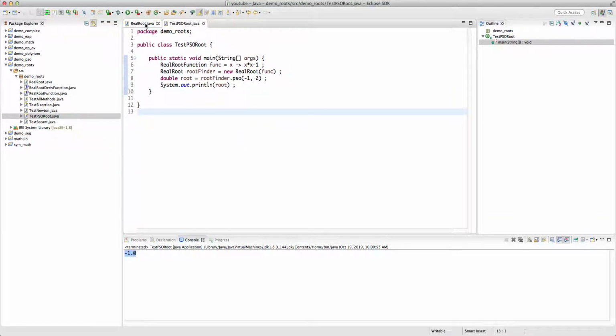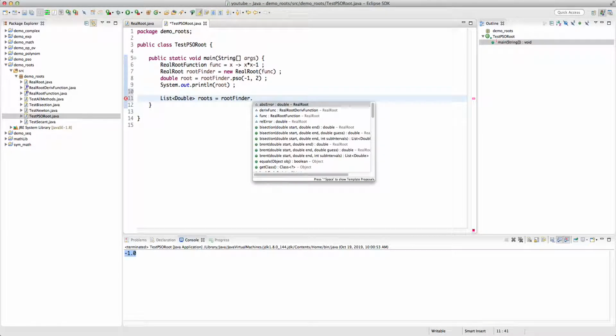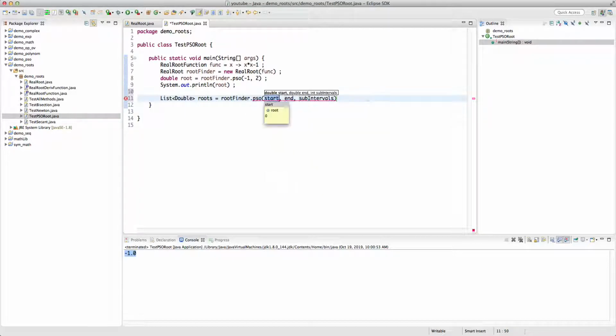And it can find it, so no problem here. And let's try the list one. So a list of double, let's call this roots, and let's call the root finder, and PSO with the list start -5 to 5.